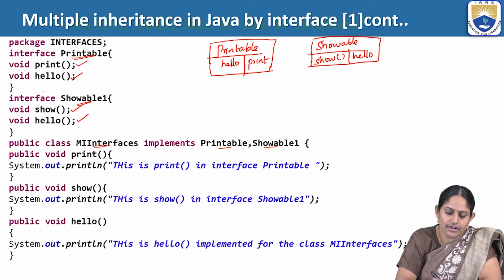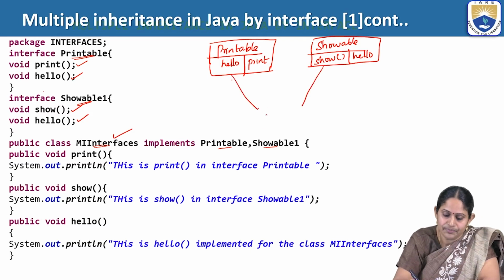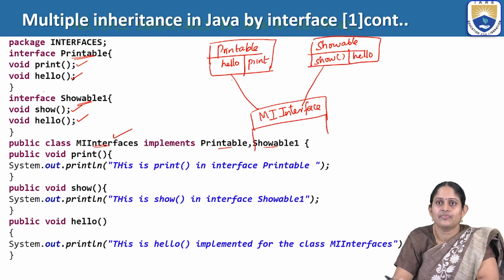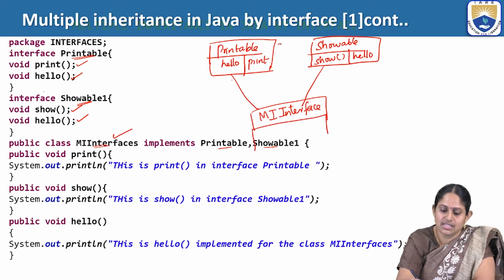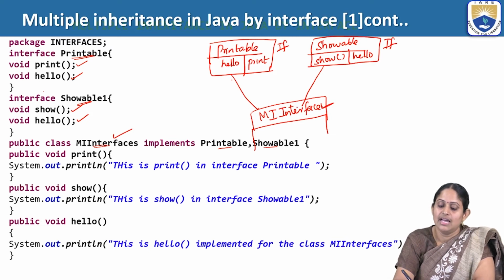Now here we have the class MI interface. This class is implementing these two interfaces, printable and showable. So the class is created from these two interfaces. This is an interface and this is also an interface.